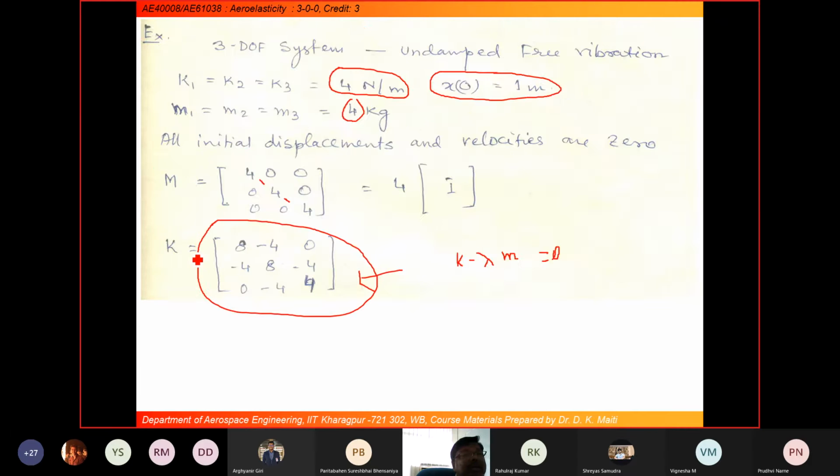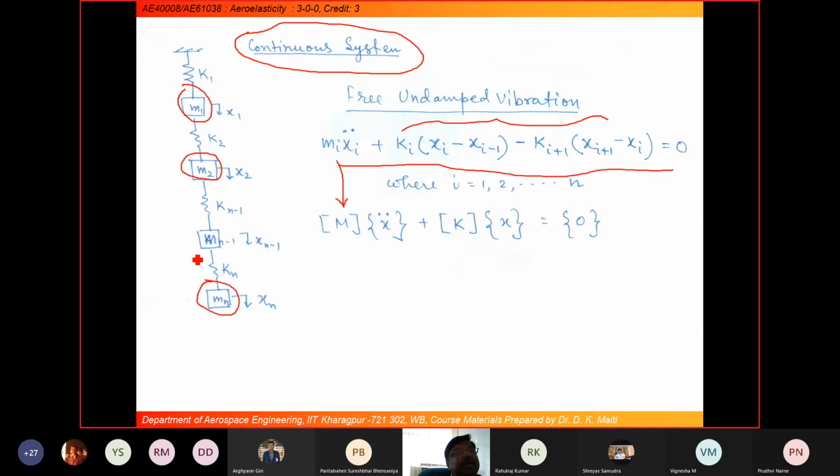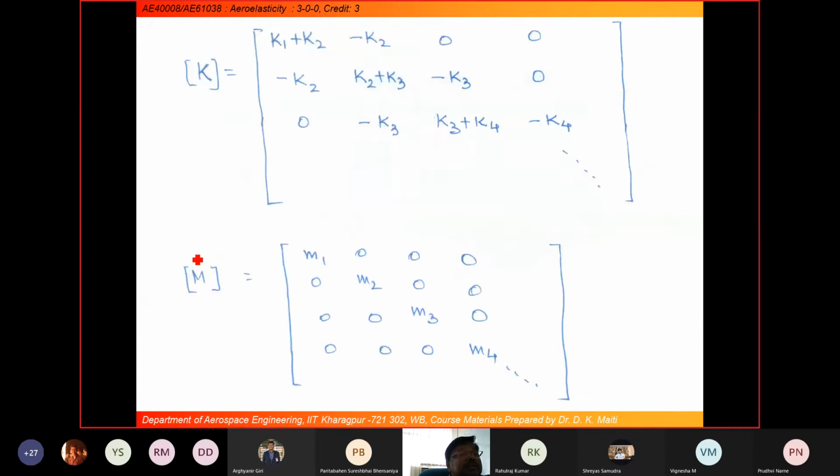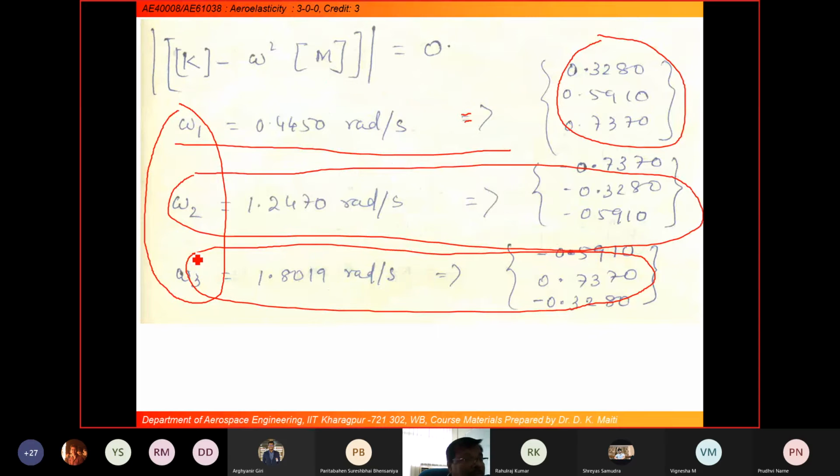This is the general concept of calculation of modal characteristics. After solving these equations, I get omega 1, omega 2 and omega 3. Then whatever I have written here, I can write as phi 1, this is phi 2 and this is phi 3.